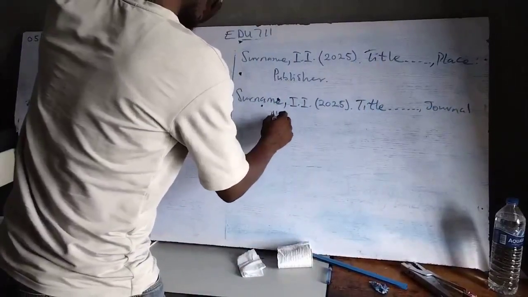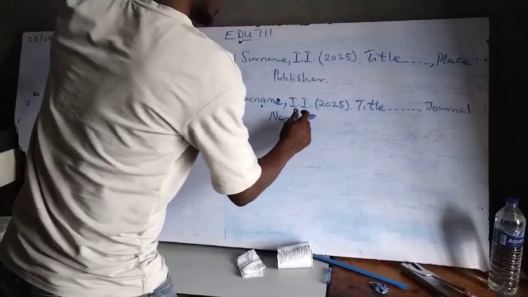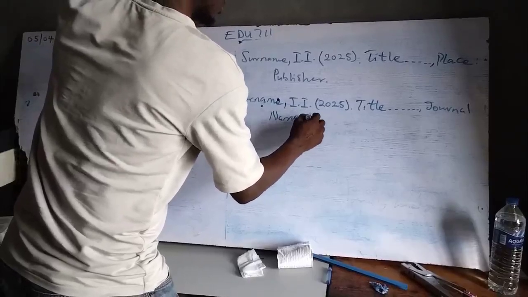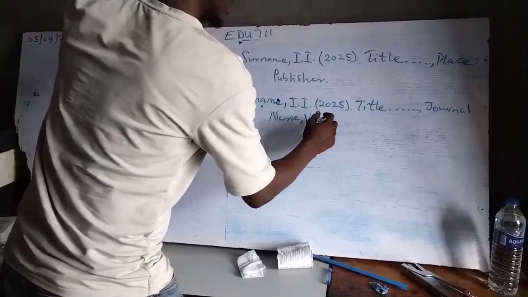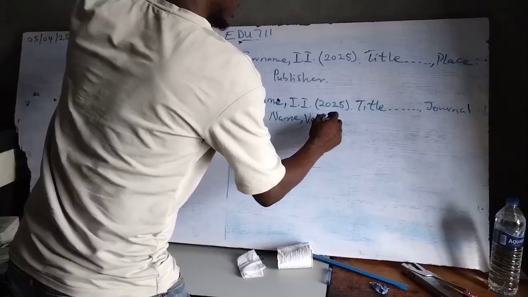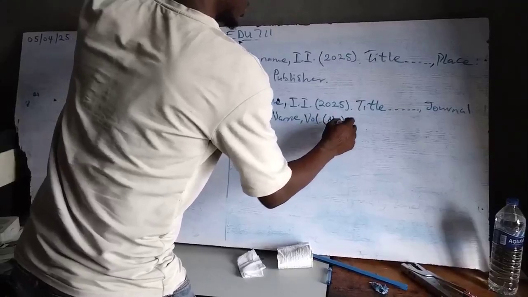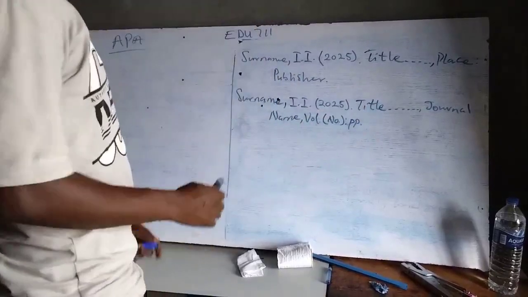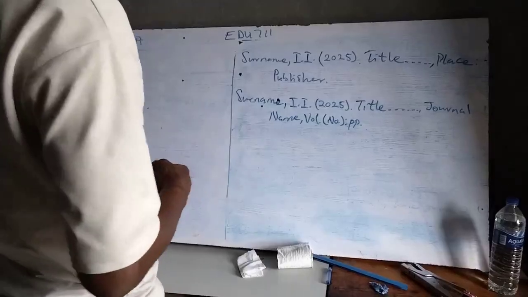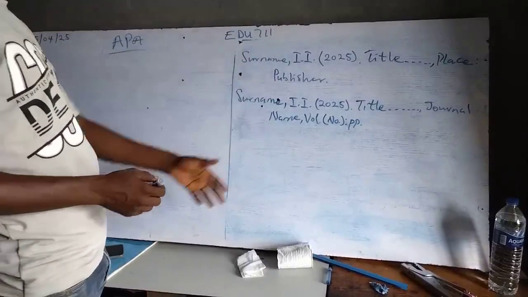You move inward as well. The journal name, volume, as in the volume number, then in brackets the number of the article, then colon, the page number. That's the format. So if you have more than one author, the same thing follows.